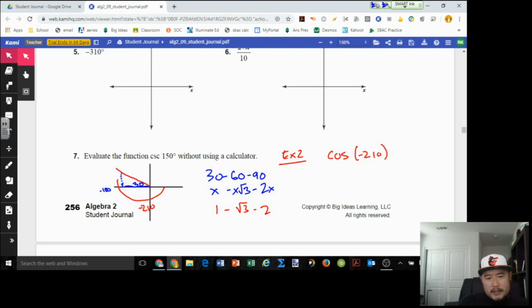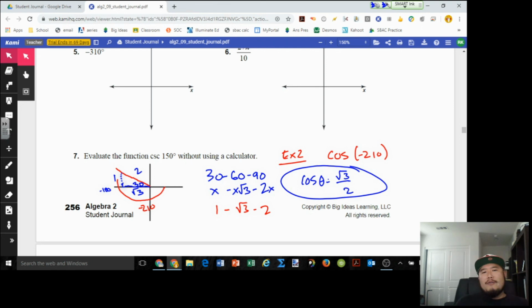But if this is 60, then that makes this side rad 3. Opposite of 90, we have 2. And then right here, this will end up being 1, opposite of the 30-degree side. So once again, for cosine of 30, adjacent is rad 3. Hypotenuse is 2. And so cosine theta is equal to rad 3 over 2.